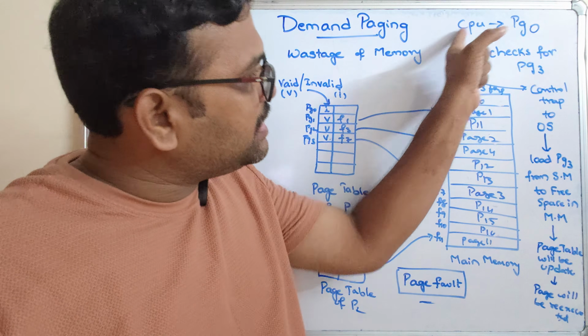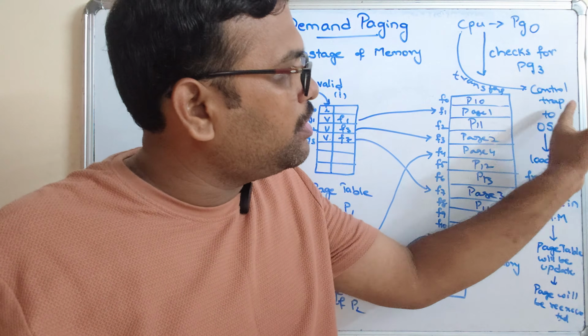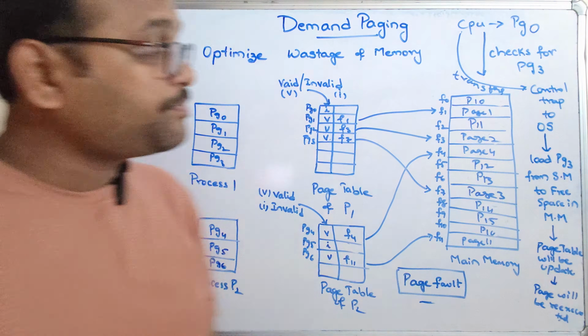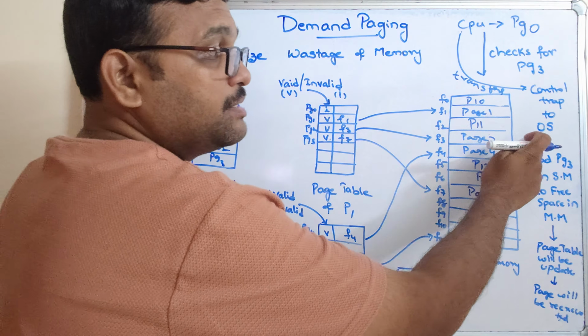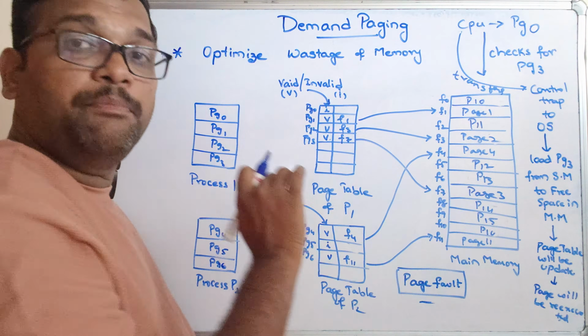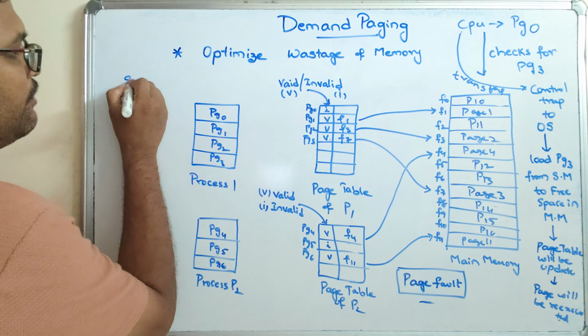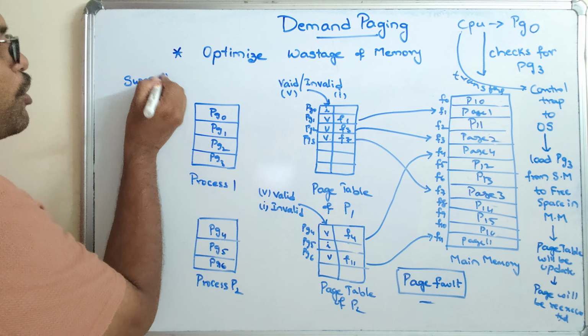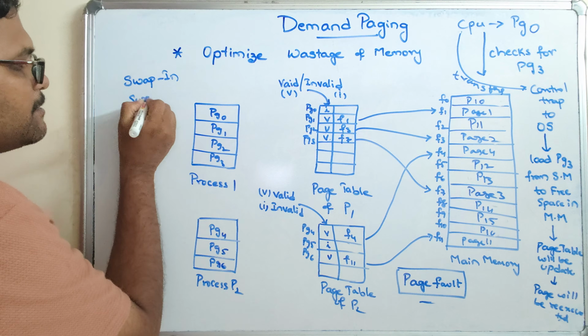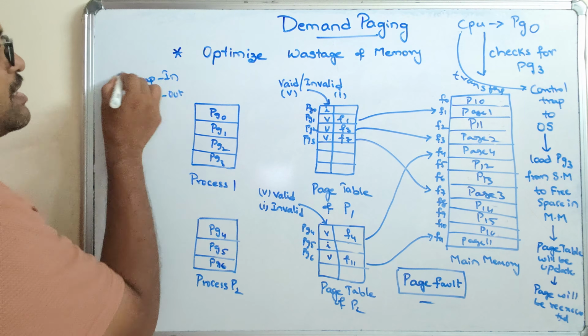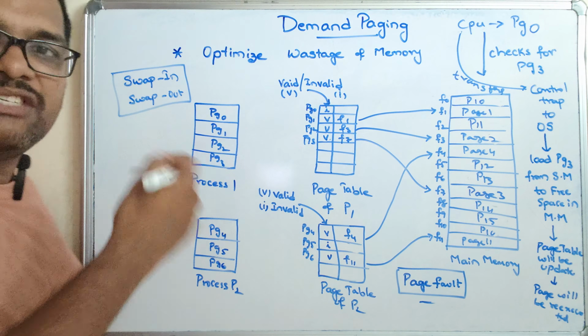So automatically the first step is that it will transfer the trap to the operating system. Now the operating system finds that the main memory is completely full. Now the swap in process and the swap out process will happen, which we have already discussed in our previous sessions.